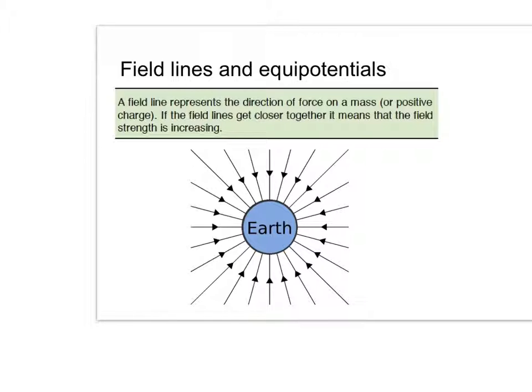Equipotentials. A field line, which we've come across before, represents the direction of force on a mass. If the field lines get closer together, it means the field strength is increasing. So the field lines represent which way the force is acting on an object. It will tell you which way it's going to go. So what are equipotentials?